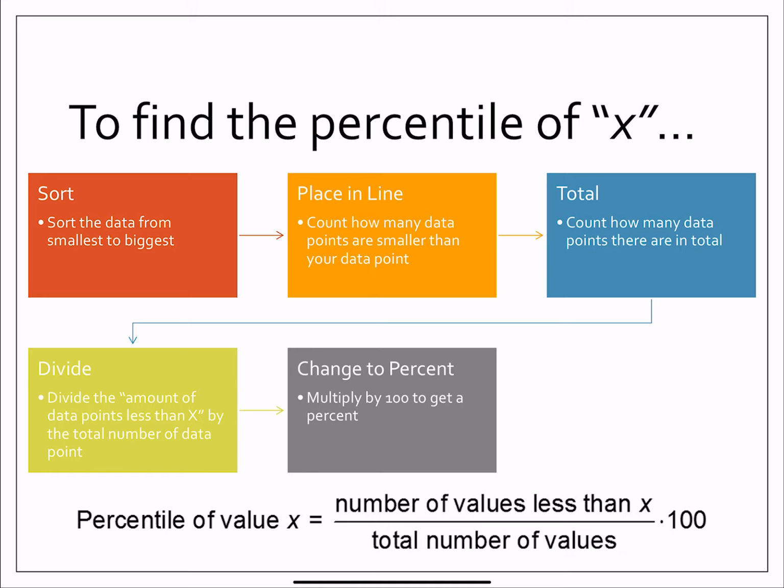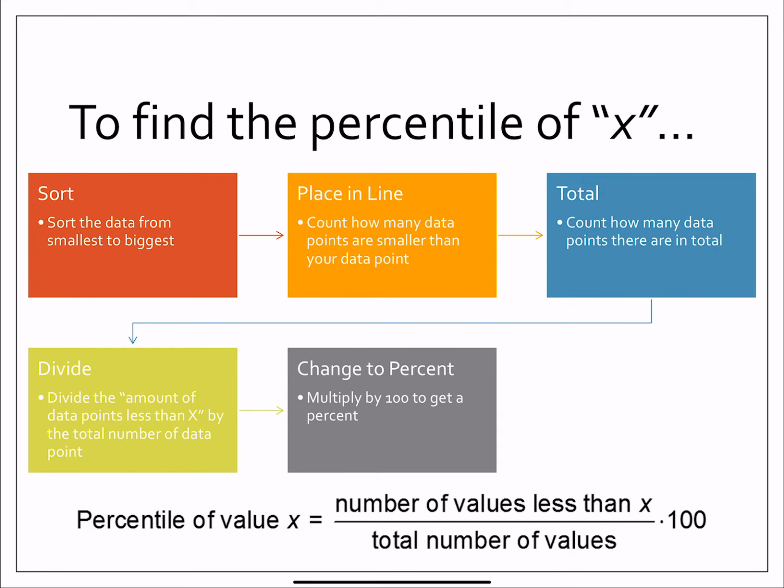How many spots are less than the data point that we care about? And then we also need to know how many data points there are in total. Then we just divide the number of data points that are less than x by the total number of data points, and then we multiply by 100 to get a percent.